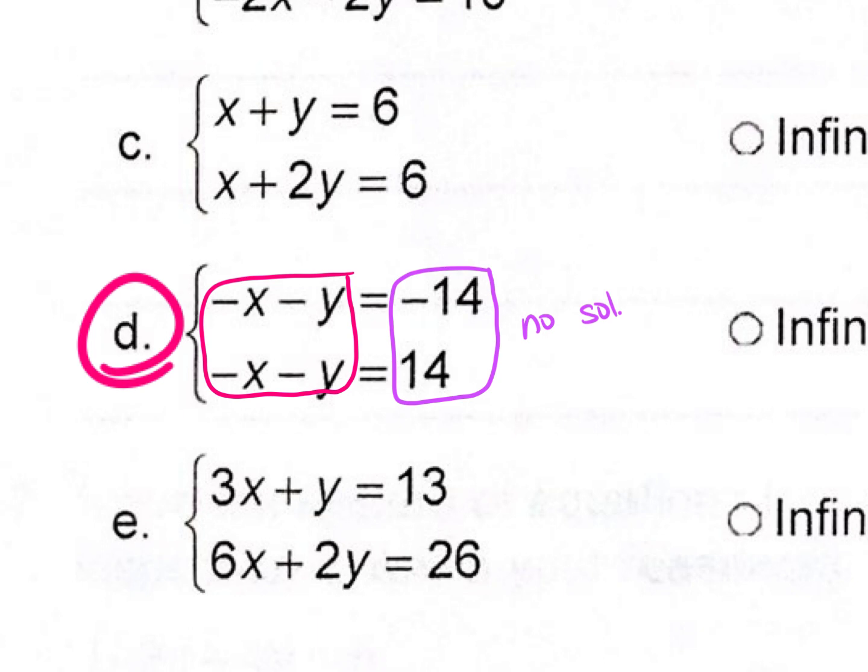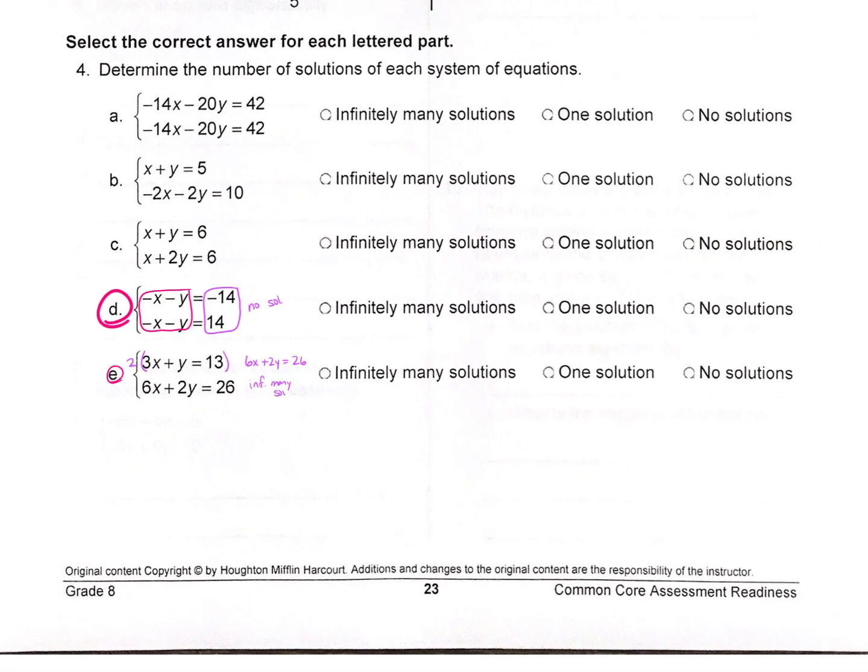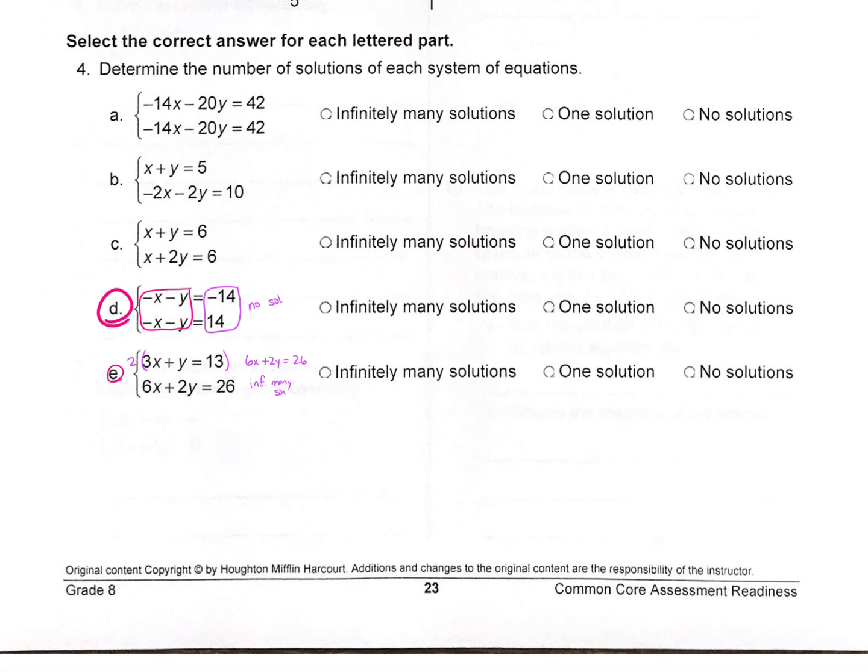And then looking at part E, I can see that the second equation is just the result of multiplying the top equation by 2. See, I get 6x plus 2y equal 26. So they're identical. So that means infinitely many solutions. And I'll zoom out and mark those on the screen here. No solution, and then infinitely many solutions.